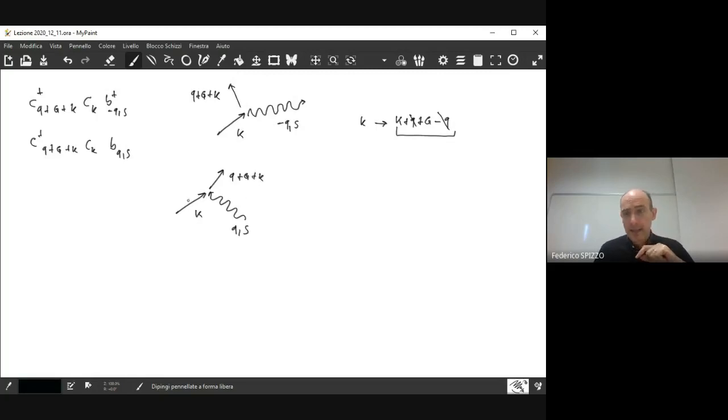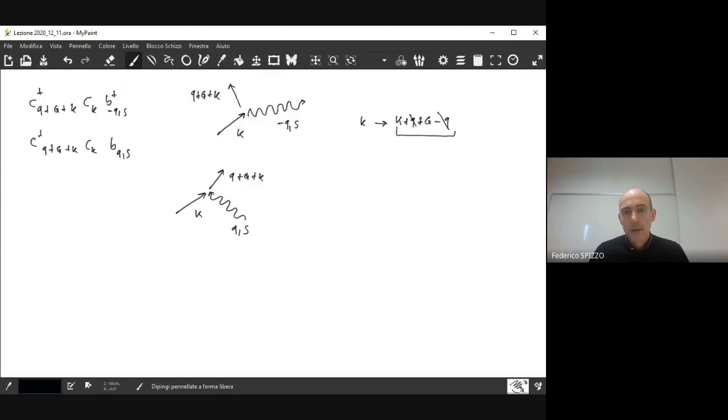So in this case, an electron is traveling through the ions, absorbs the energy and the wave vector of a phonon, and jumps into a new state described by q plus g plus k. Also in this situation, the sum of the initial wave vectors is k plus q, the final wave vector is k plus q plus g. So no strict conservation of the total wave vector or total momentum of the system, since at the end we're using free electrons, but the momentum is conserved apart from a vector belonging to the reciprocal lattice.